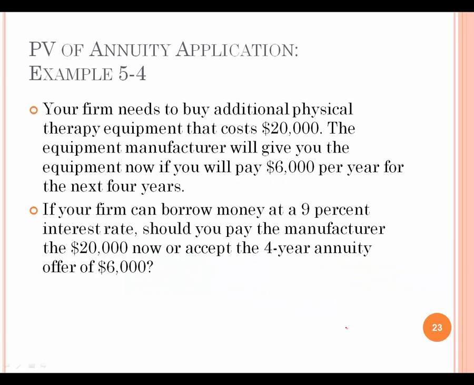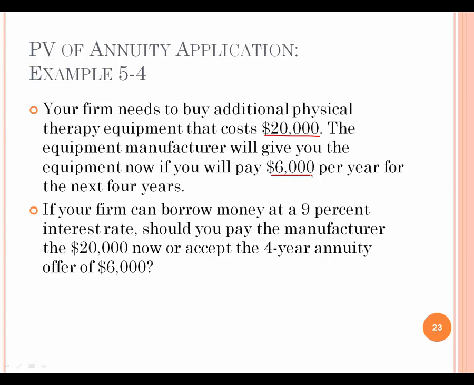Now we are going to look at example 5-4 in your book for some practice. So if you have some kind of equipment that would cost $20,000, and they will give you the equipment now if you pay $6,000 per year for the next 4 years.